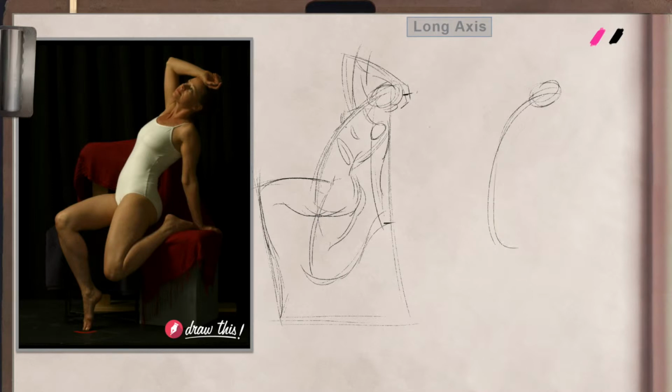I'm going to say every line is game for continuing the motion. And I'll break down this, push a little bit of detail.